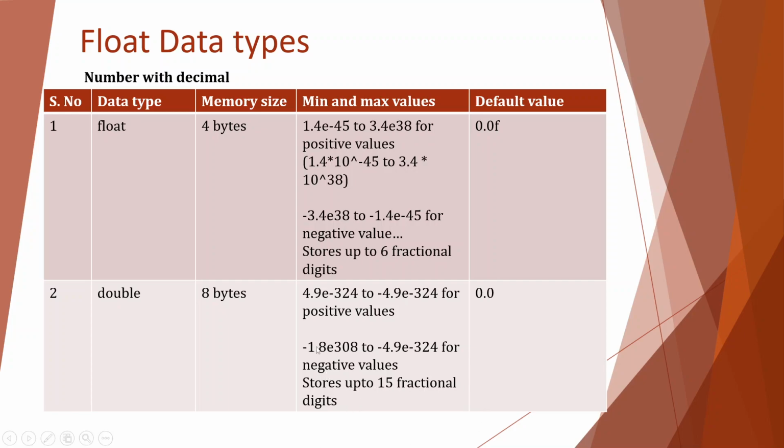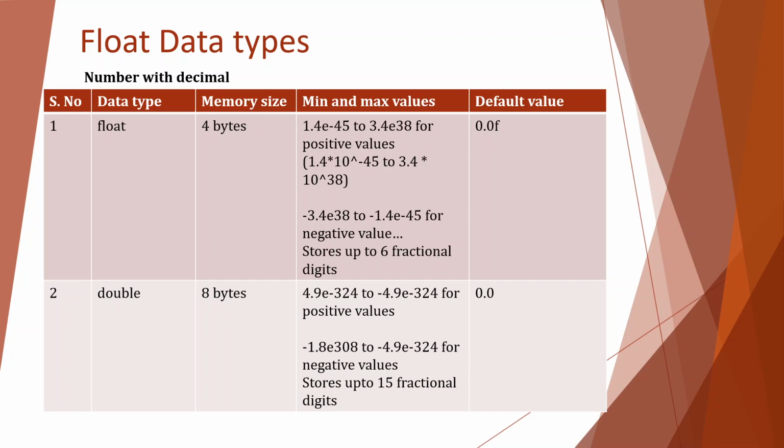Similarly, for negative values, minus 1.8 into 10 to the power of 308. That is the minimum value for negative values. Minus 4.9 into 10 to the power of 324. That is the negative maximum value for the negative numbers.